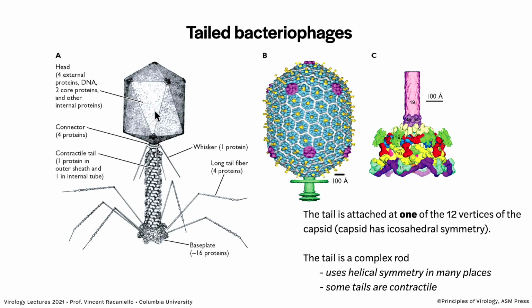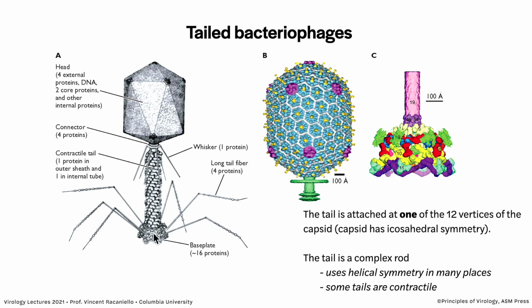But then the head is joined to the tail, which is built with helical symmetry. As you can see, it's coiled up here. And then there's a base plate made up of a number of proteins, which is shown enlarged here. And then there are these tail fibers, which again are made up of more proteins. So, 2 different kinds of symmetries and more complicated protein assemblies.